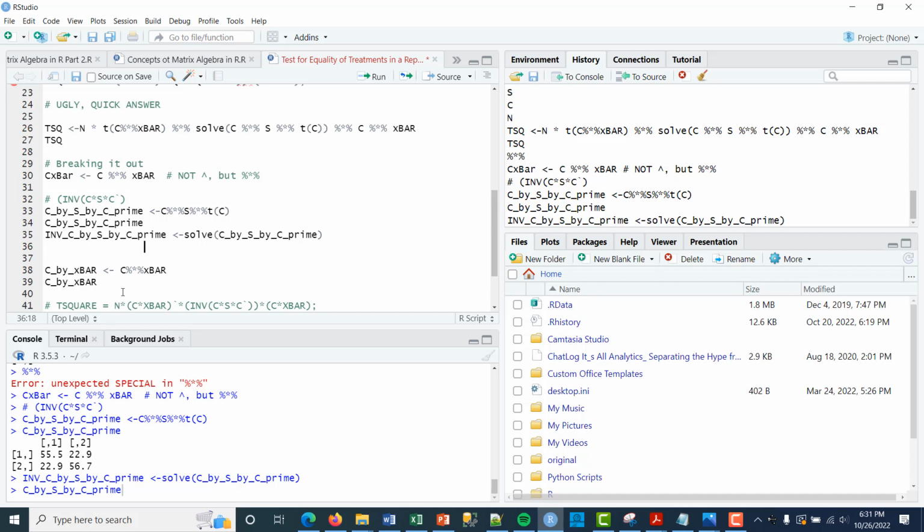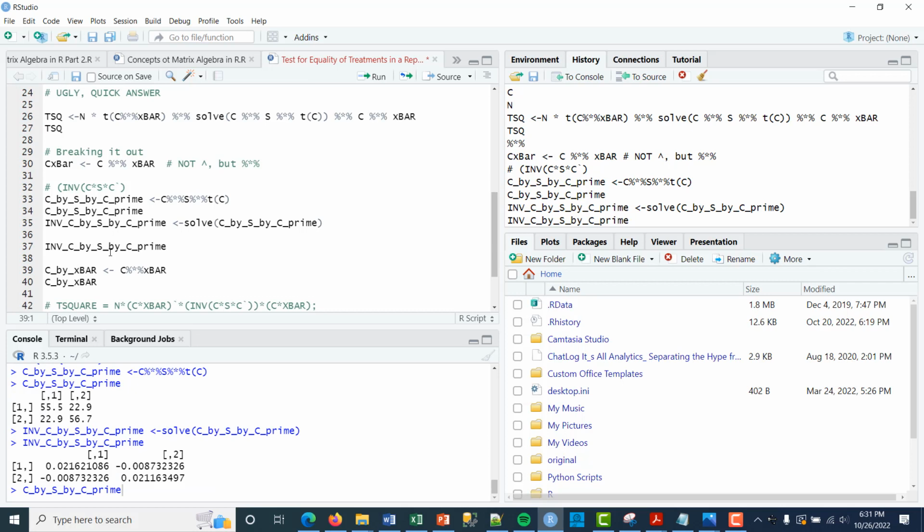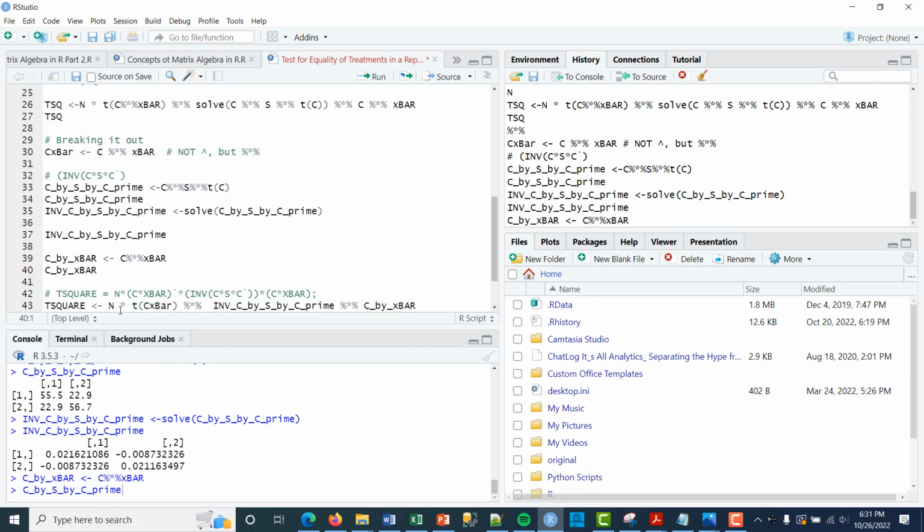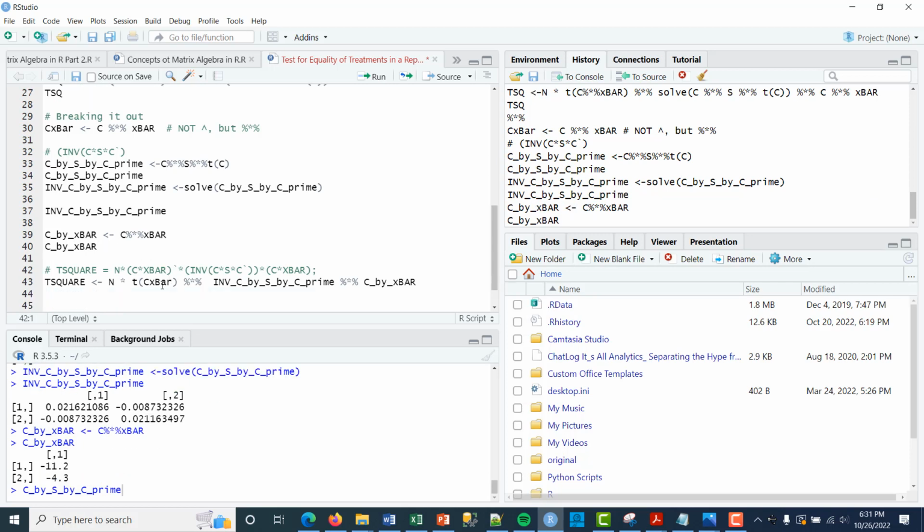And if I wanted to see what that was, just highlight that, do a copy and then a paste, and there's the value for that. And then lastly, this is the third chunk here, C by X bar, just like we did before without the transpose. And that is that thing there, 11.2 and 4.3.